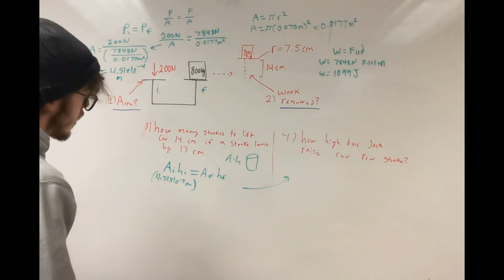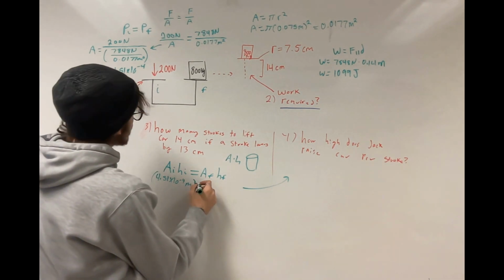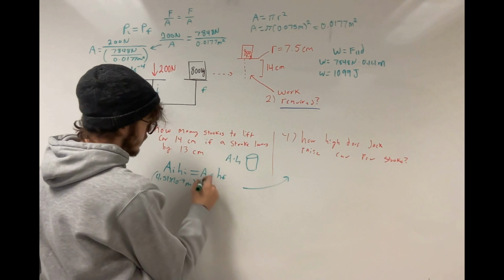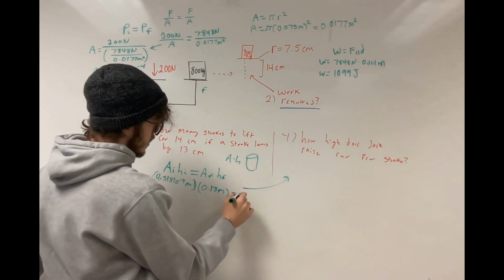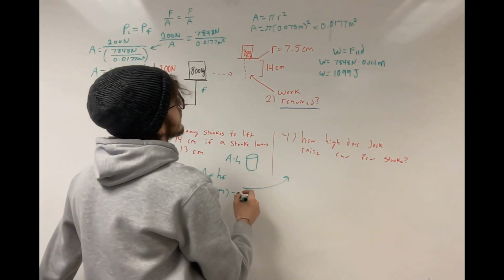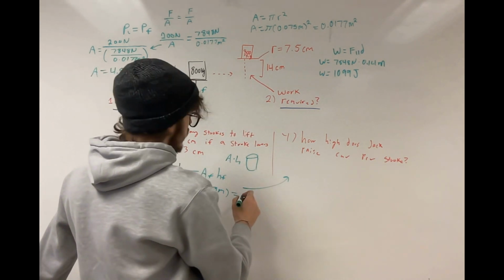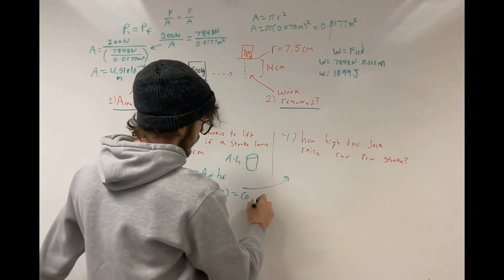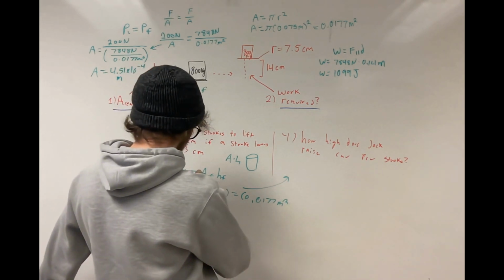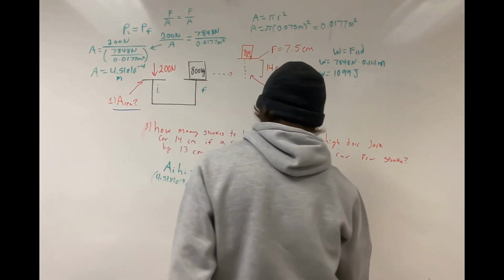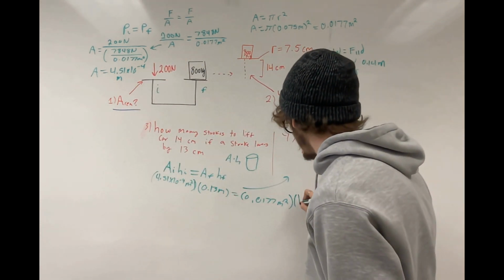Apologies on that. And then our height initial: for every stroke, we go 13 centimeters, so we'll put 0.13 meters. We're gonna equal that to the area of this side, which is 0.0177 meters squared. And then our height final is what we're solving for.